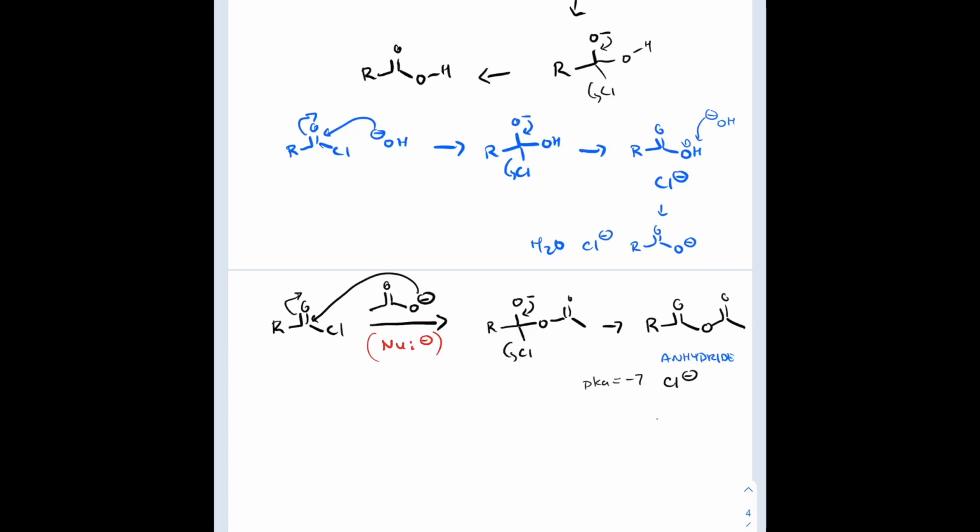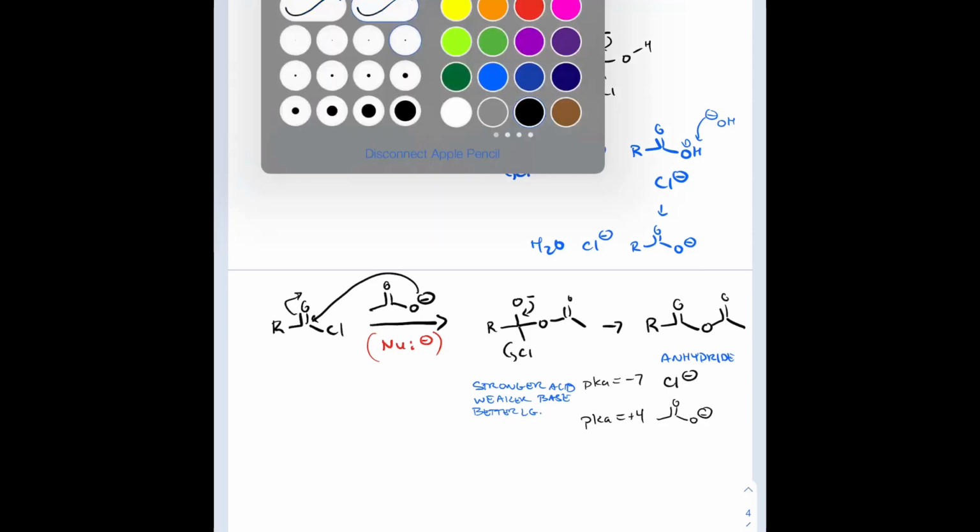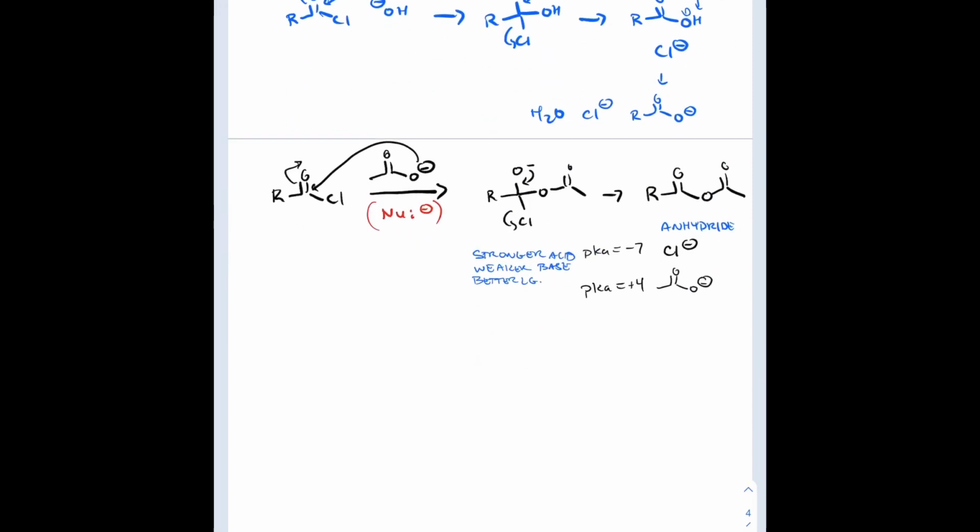Notice the chloride is there, and the pKa of its conjugate acid is -7. Acetate, acetic acid is the conjugate acid, and that pKa is 4. So the stronger acid means a weaker base and a better leaving group. So that's why this reaction can proceed forward, because the chloride is a better leaving group than, let's say, the acetate.